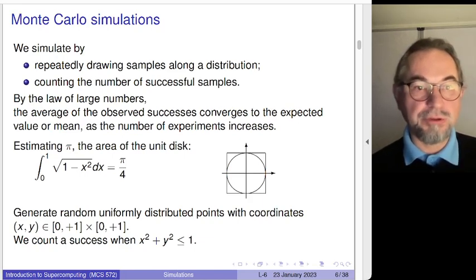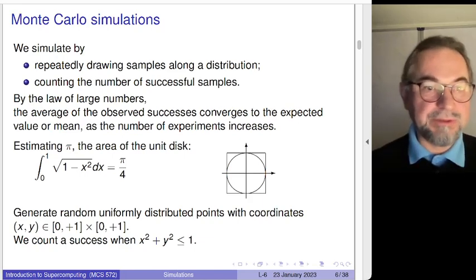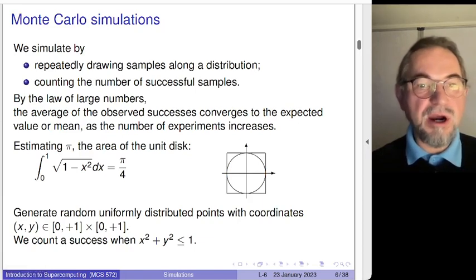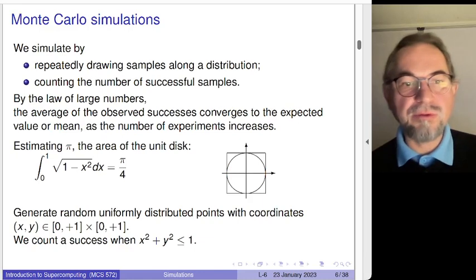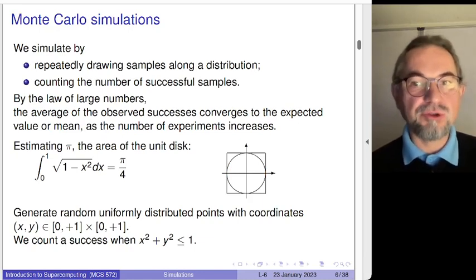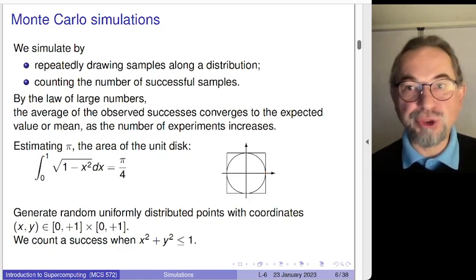With the area of the unit disk, I took the integral from 0 to 1 of the square root of 1 minus x squared, so that puts me in the positive quadrant. So we generate random numbers between 0 and 1.